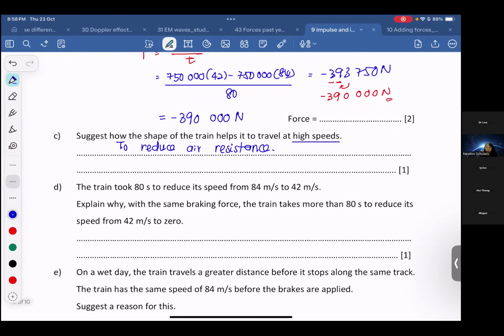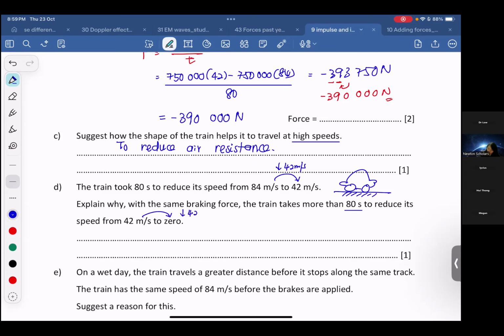Okay, next question. The train took 80 seconds to reduce the speed from 84 to 42. So it's reducing 42 meters per second, right? Now they're asking you, with the same braking force we're applying, the train will take a longer time, more than 80 seconds, to reduce from 42 to 0.